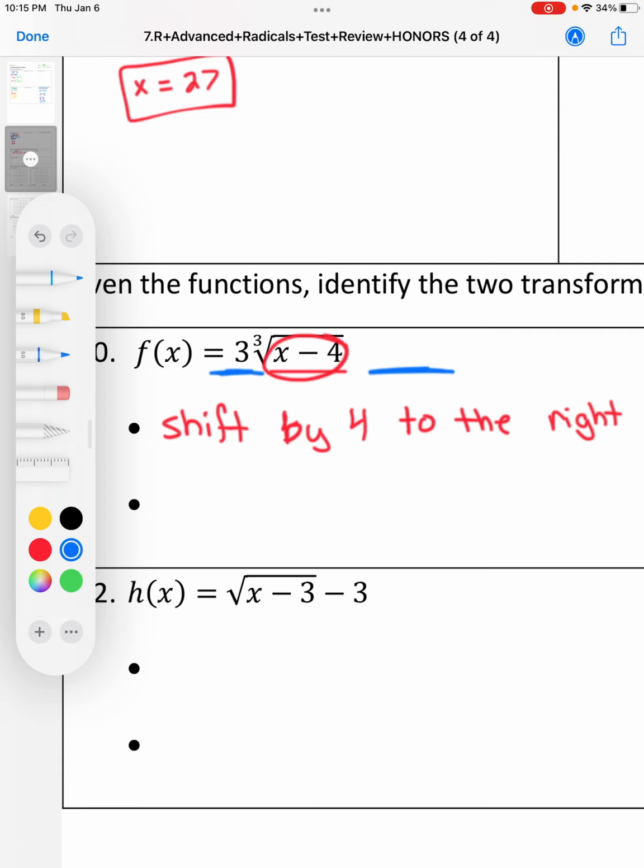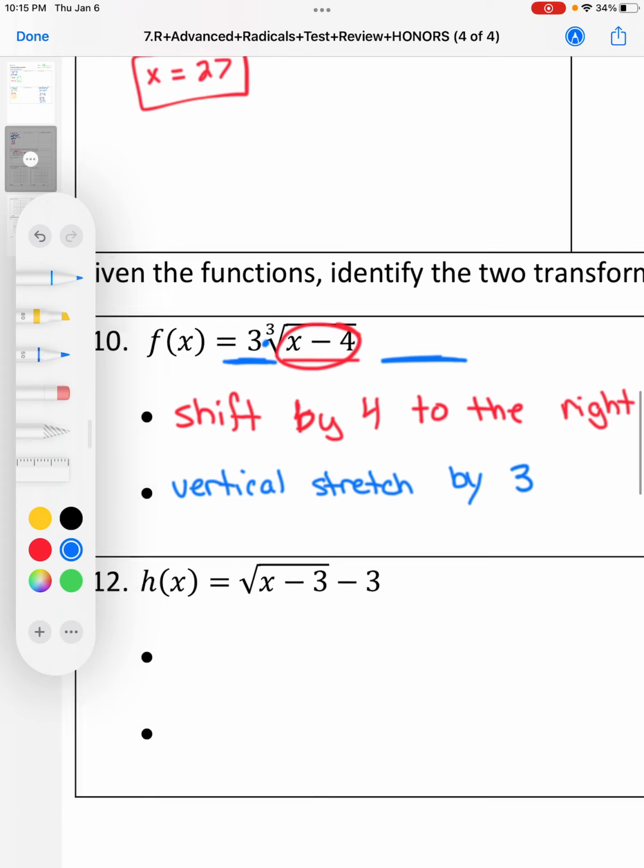Then let's look at here. It's on the outside, so it's affecting y. Since it's timesing, this is multiplication, we're going to have a vertical stretch by 3. Vertical stretch by 3.